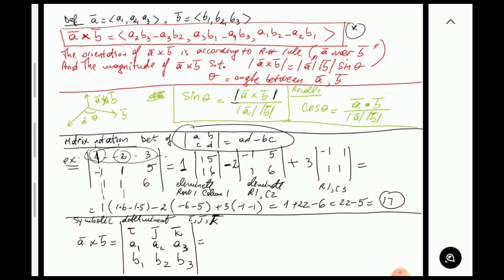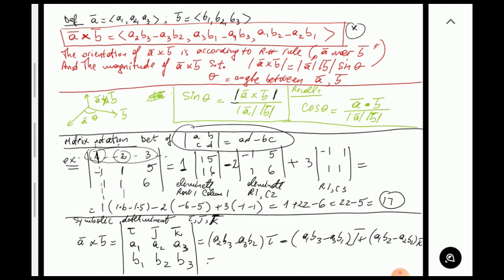So first determinant, if I remove row 1, column 1, is going to be A2 B3 minus A3 B2 times i. Alternate the sign, then it's going to be A1 B3 minus A3 B1 j, and then finally A1 B2 minus A2 B1 k.